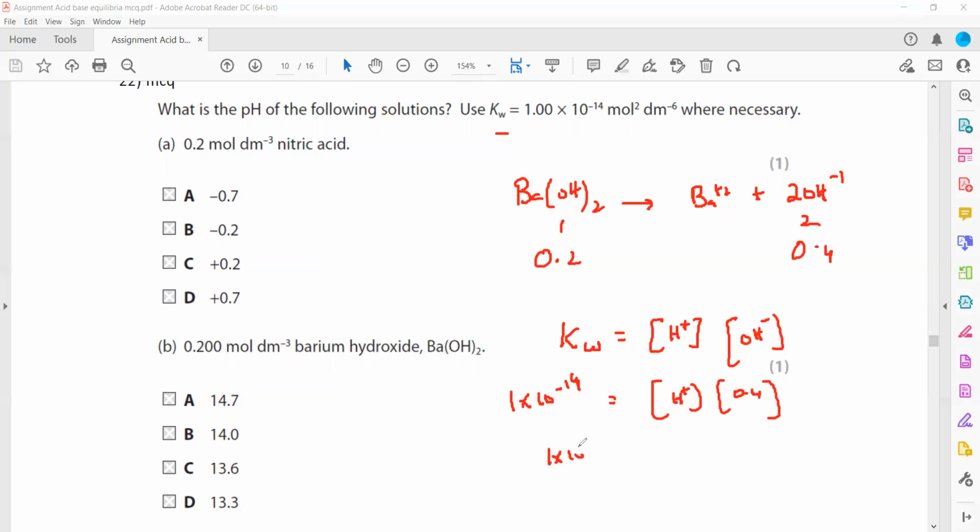So the hydrogen ion concentration will be 1 × 10^-14 divided by 0.4. Using that, we use the formula pH equals minus log of hydrogen ion concentration. When we substitute, this will be 13.6, so C will be the right answer. Is it clear, this second part?